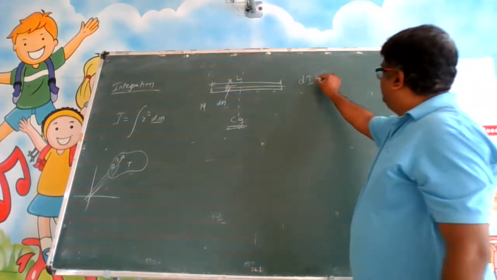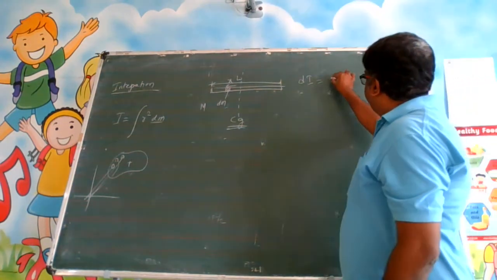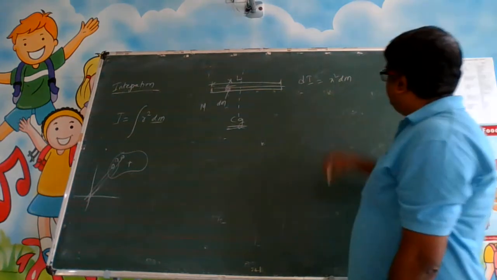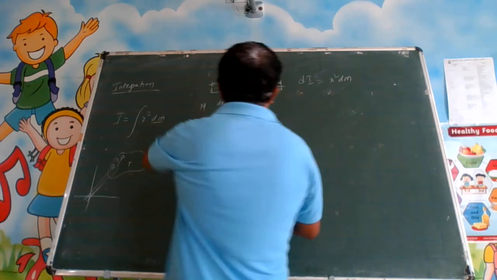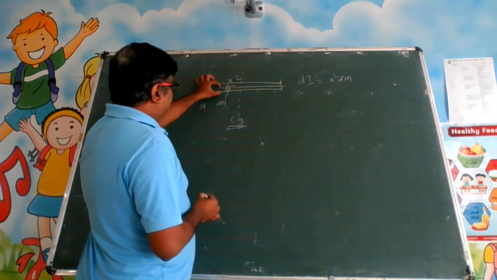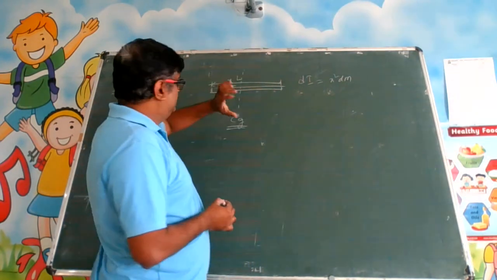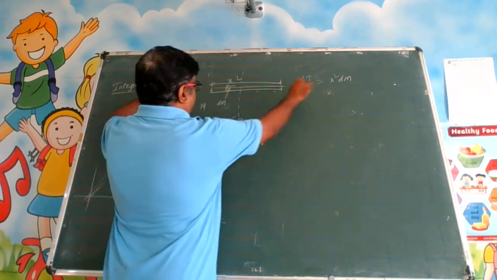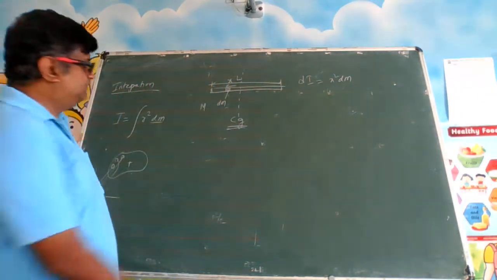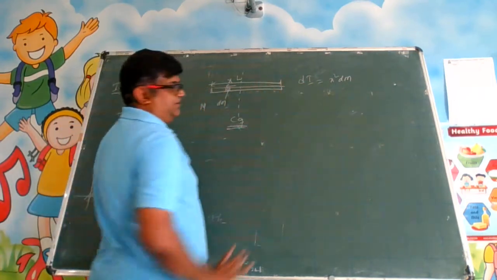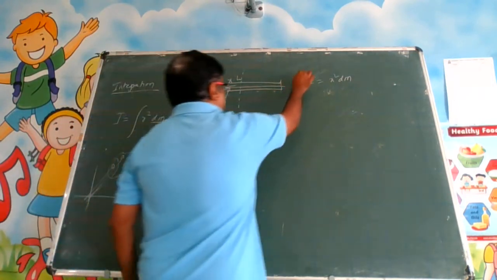So dI is equal to, can I write it as x square dm? Okay, how did I do? This is small. Similarly, if I take an element here, that will be another value. So like this, I have broken down this big rod into small elements, and each moment of inertia I am calculating, and I am integrating it.